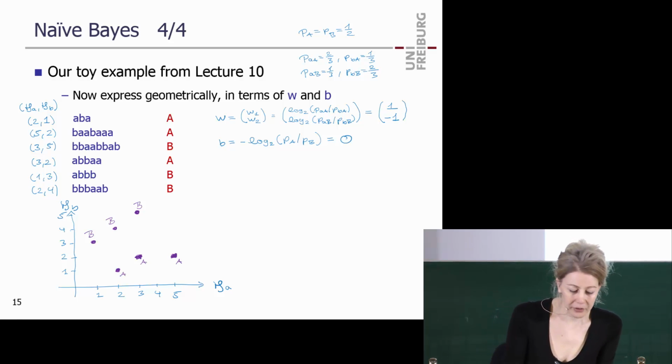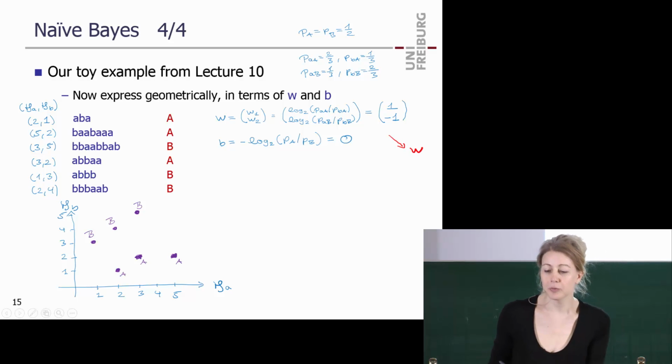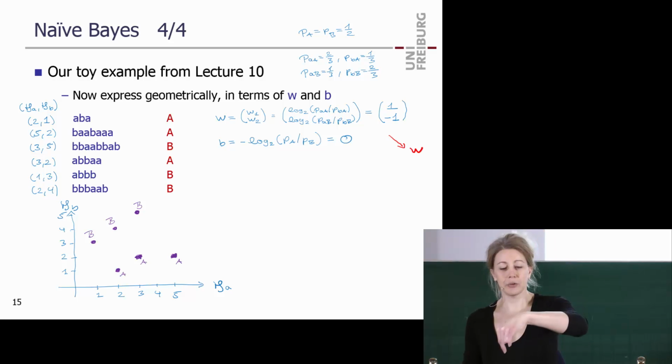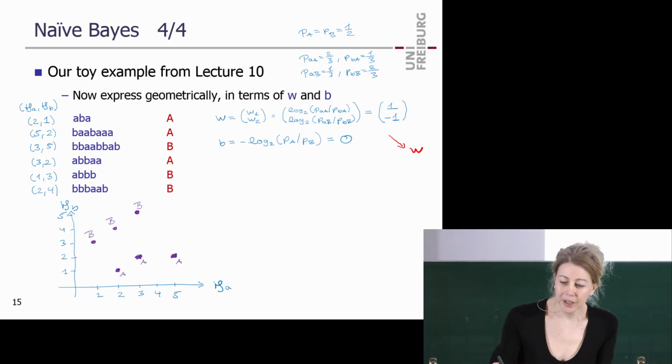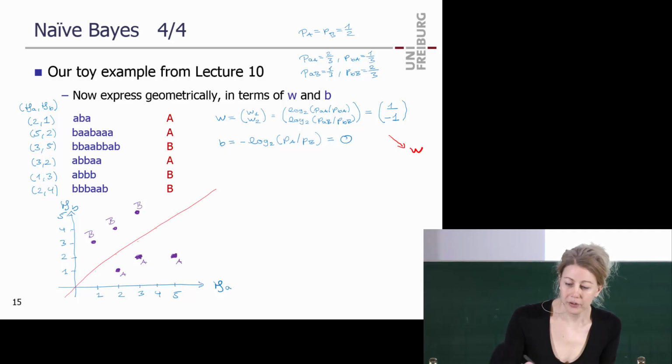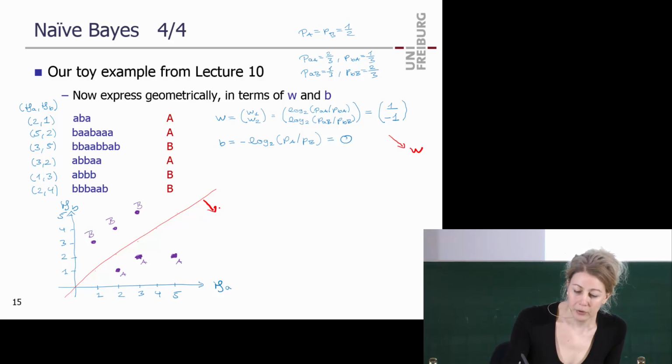1, minus 1. This is just this direction, 1, minus 1, right? This is my W. It goes 1 to the right and minus 1 in y direction, right? And b is 0, so it goes in this direction. This is my w. And because b is 0, if you think about it, it means that it goes through the origin, right?